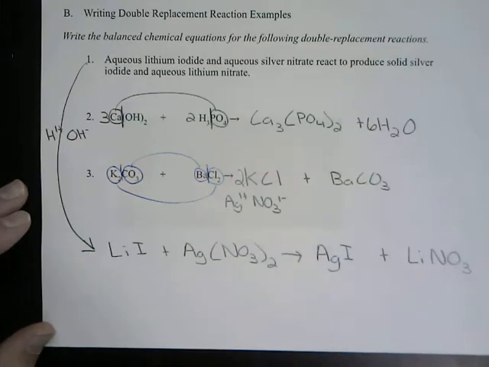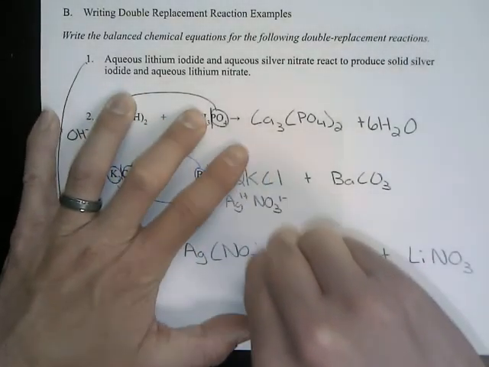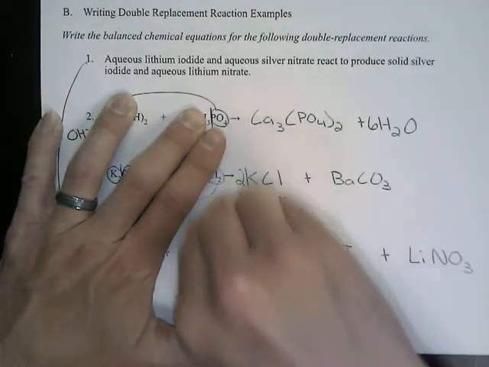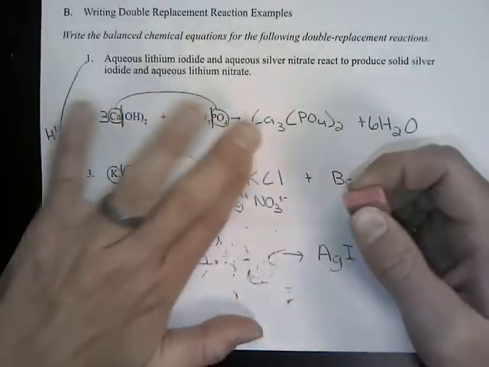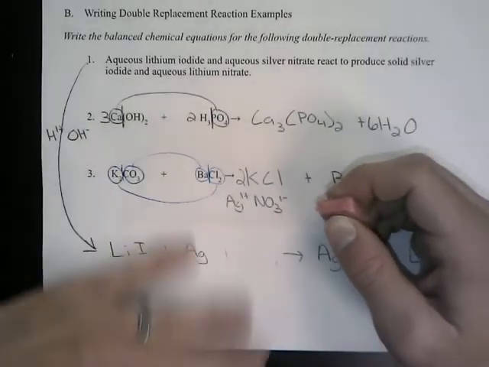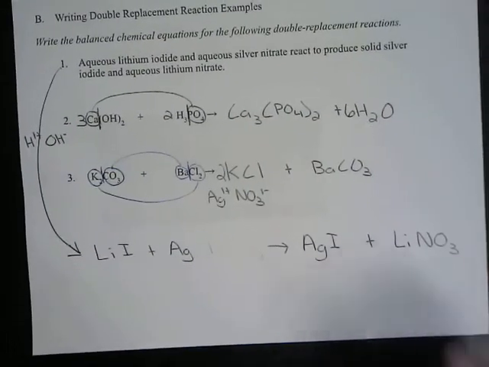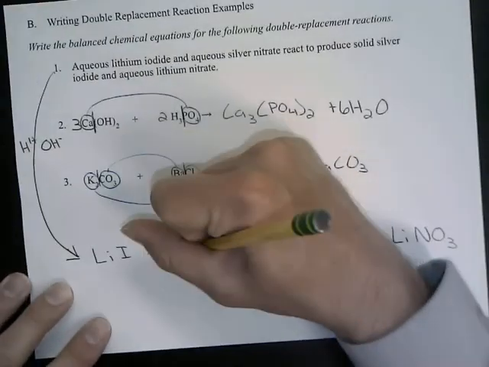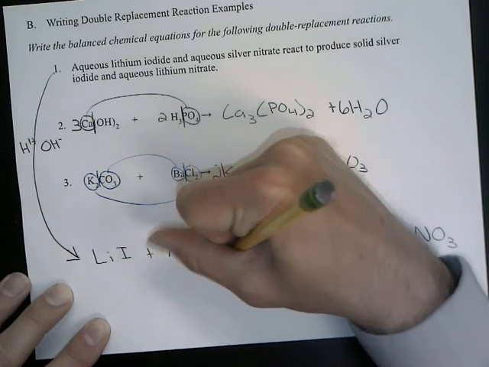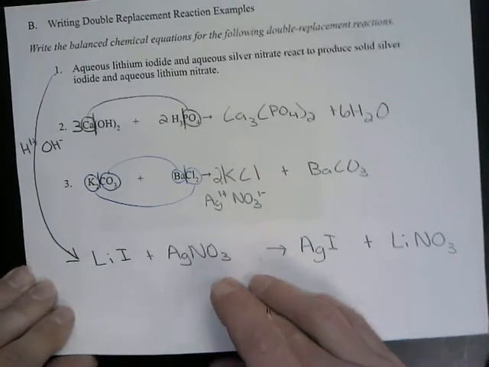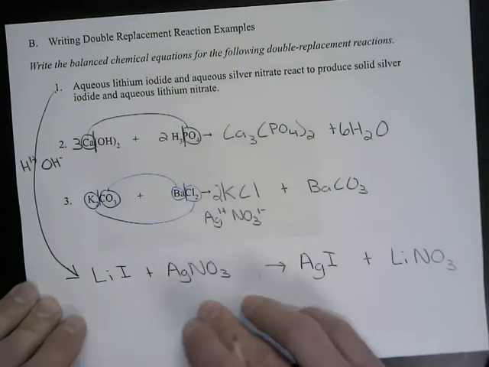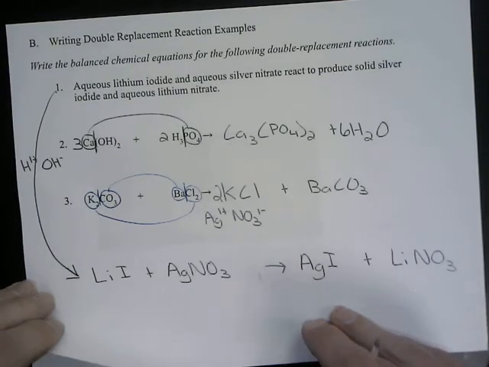That is a mistake on my part. Silver nitrate should be written as AgNO3. And right now, this is balanced. Again, I made a mistake writing that. So right now, this problem is already balanced.